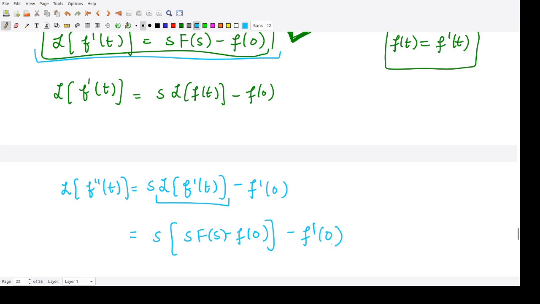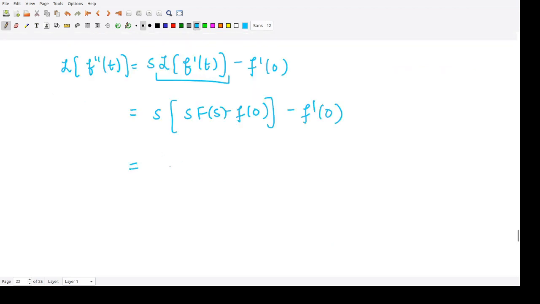Now you can open up this bracket. So it would be s square F of s minus s into f of 0 minus f dash of 0. So this is the Laplace transform of f double dash t.